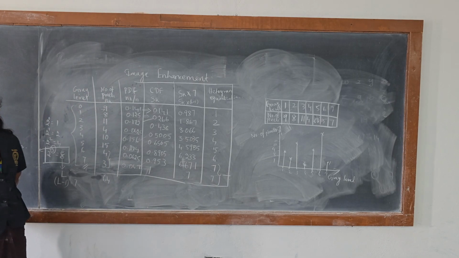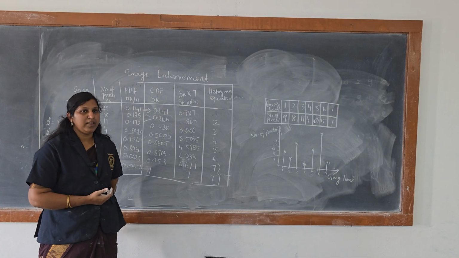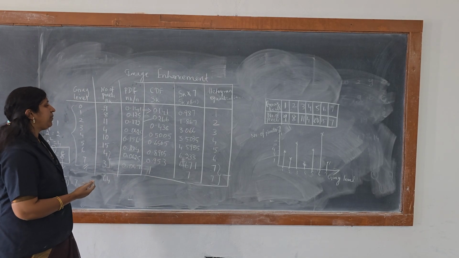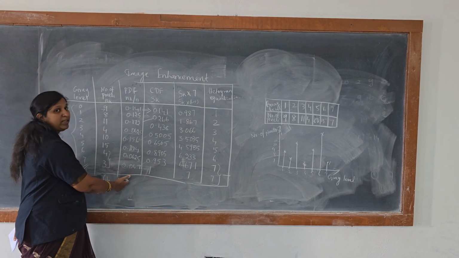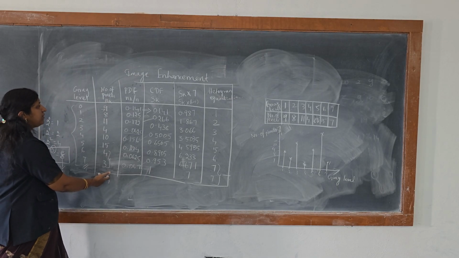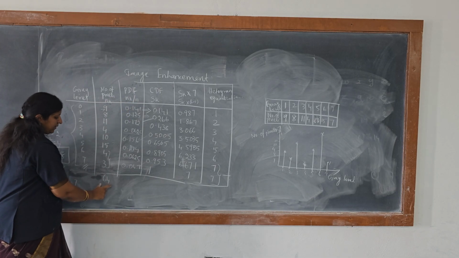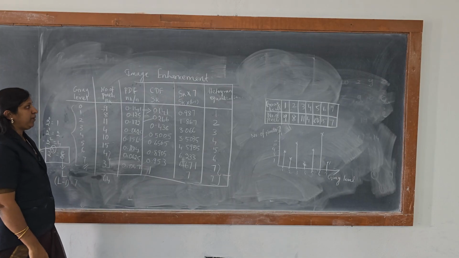So this is a way of converting a given input image into a histogram equalized image. Histogram equalization involves three major steps. First, we have to calculate the PDF. To calculate the PDF, we should have the number of pixels, that is nk. From nk, we can calculate n, the total number of pixels in the input image.